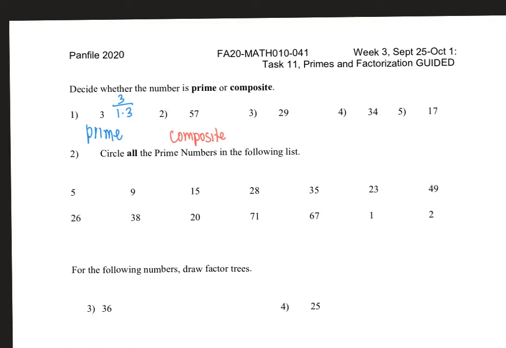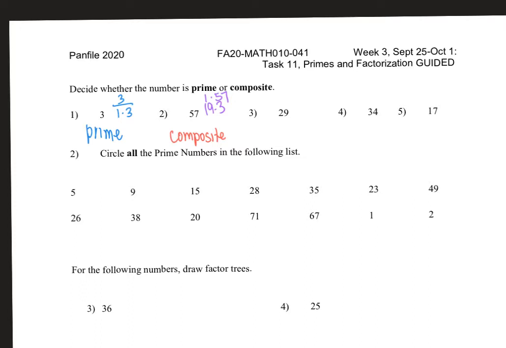So let me grab it for a second. I can grab 19 times 3. That's a factor pair other than 1 times itself, other than 1 times 57. So that's why it's composite.